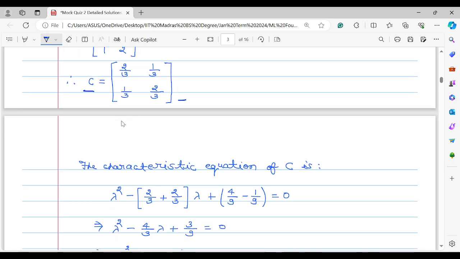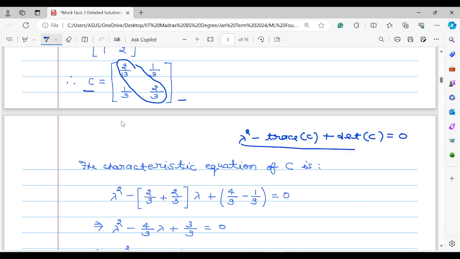So for a 2 cross 2 matrix, the characteristic equation of C is lambda square minus trace of this matrix. Trace is this, simply substitute 2 by 3 plus 2 by 3, lambda plus determinant of this matrix. Okay, so the formula is lambda square minus trace of C times lambda plus determinant of C, and this is a constant simply.